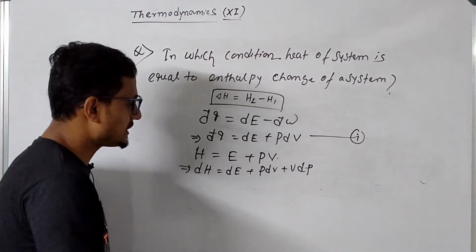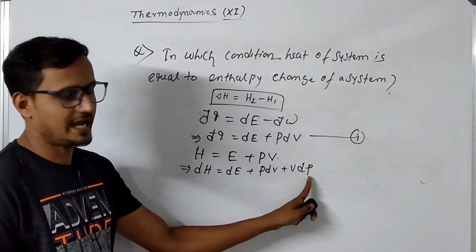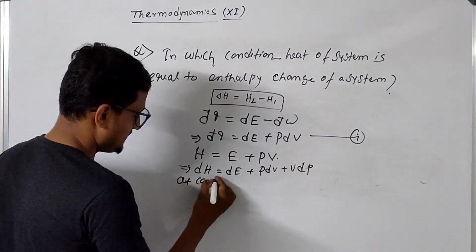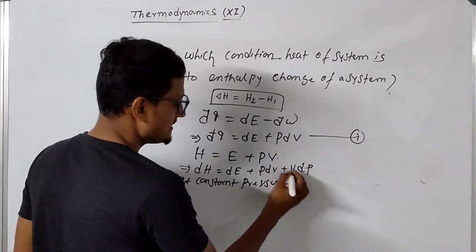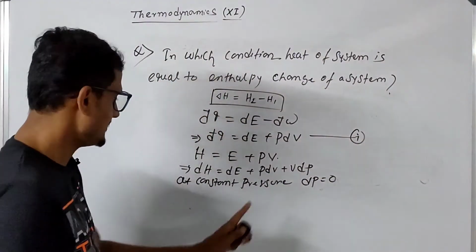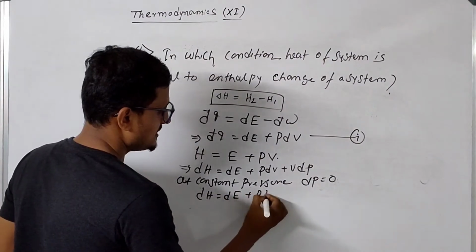Okay, now at constant pressure, the above equation becomes, at constant pressure means dP equals 0. So the above equation becomes dH equal dE plus PdV.